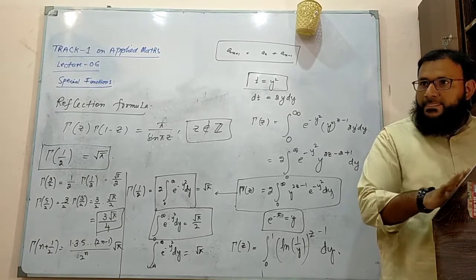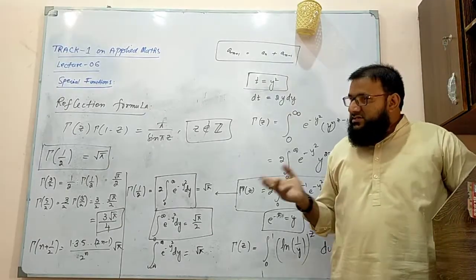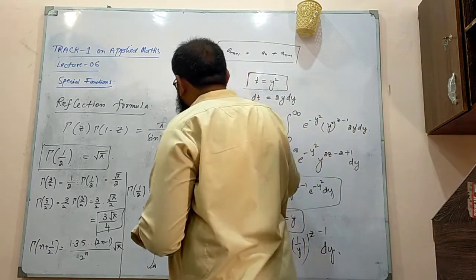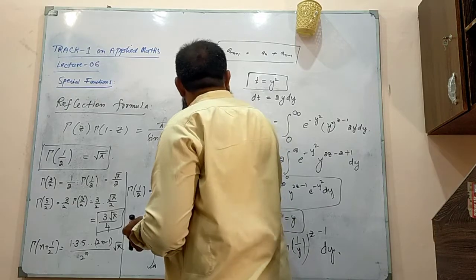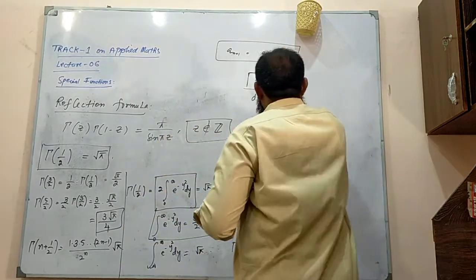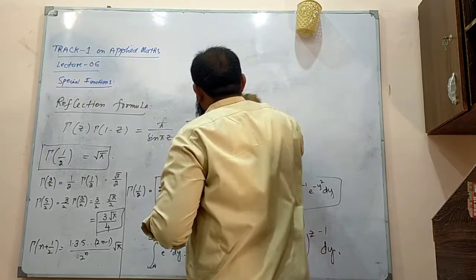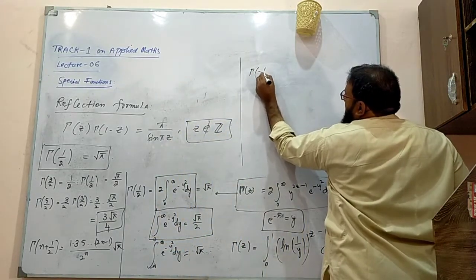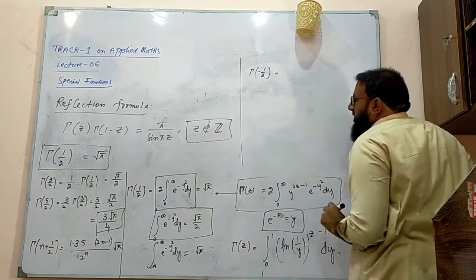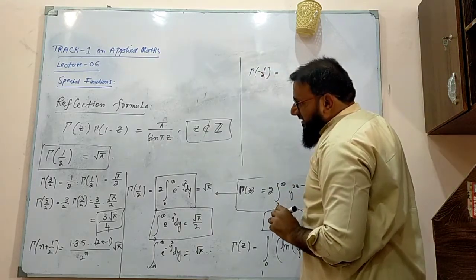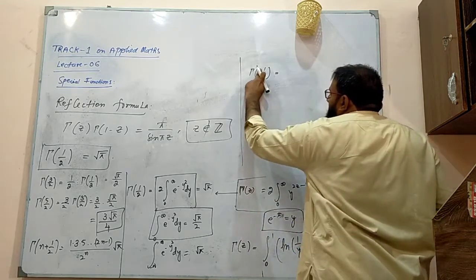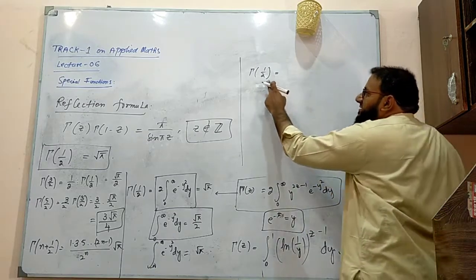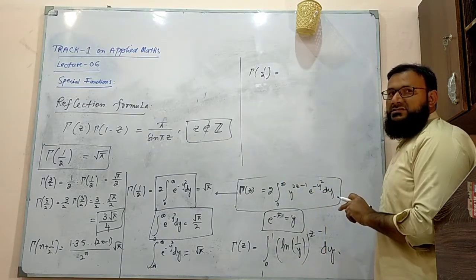So what happens if minus 1 comes out? Yes, we can do the same thing, like gamma of minus 1/2. Can I apply the recurrence relation on this? I have to subtract 1, so it becomes minus 1/2.